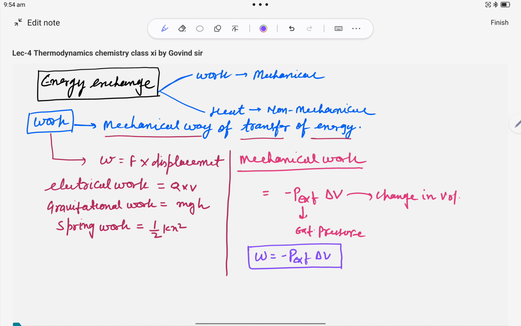Suppose, children, in a container, this is a vessel, and in this vessel gas is filled. After that, one piston is applied. From this side is the pressure of the gas, and this is your external pressure. There are two cases.